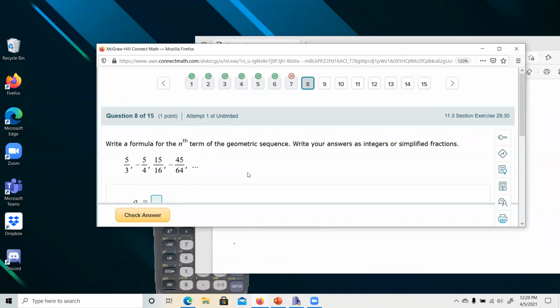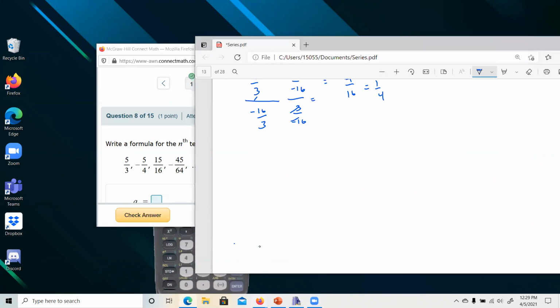Write a formula for the nth term of the geometric series. So let's hope this one works out. So this is negative 5/4 divided by 5/3. So that's negative 5/4 times 3/5.